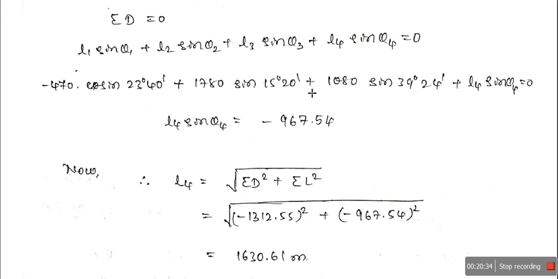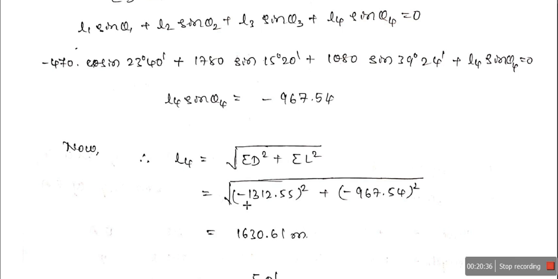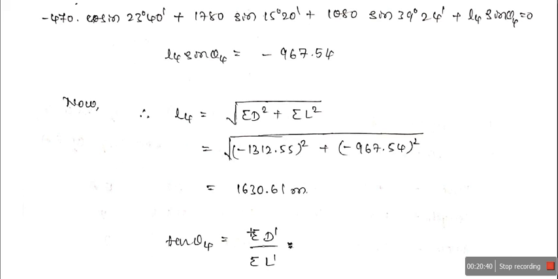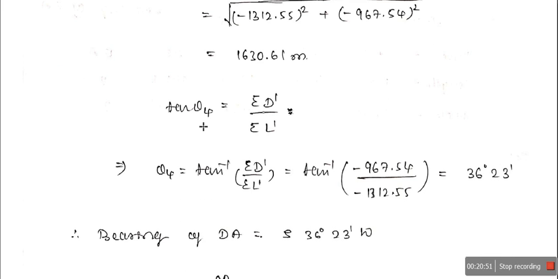Put in the respective values with respect to sign convention also. Simplify this one, and we will get 1630.61 meters. If you know the length of the line, then we can use tan theta equal to summation of d dash divided by summation of L dash, that is theta 4 here. Put in the respective values.